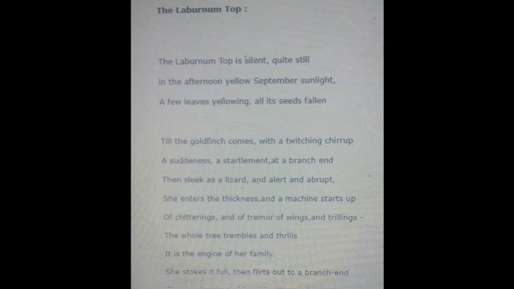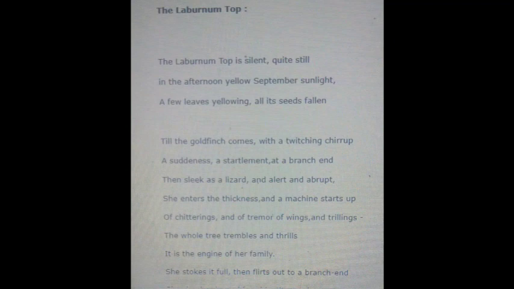Till the goldfinch, actually I told you what a goldfinch is. This is a bird, having a barred or striped face, with a twitching chirp. Twitching means a small or often involuntary movement of the body, a sudden movement in the body.